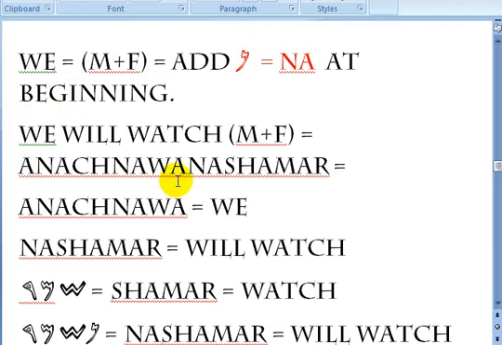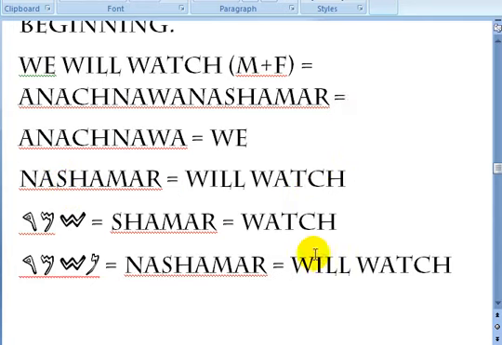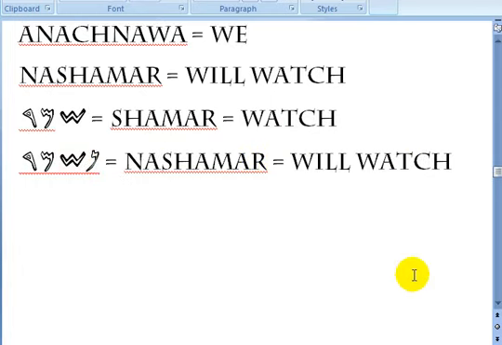Anachnawa is we. Here goes the na. Anachnawa na shamar. All right. Anachnawa is we. Na shamar is will watch. Future tense. Shamar is watch. Na shamar will watch. Future tense.